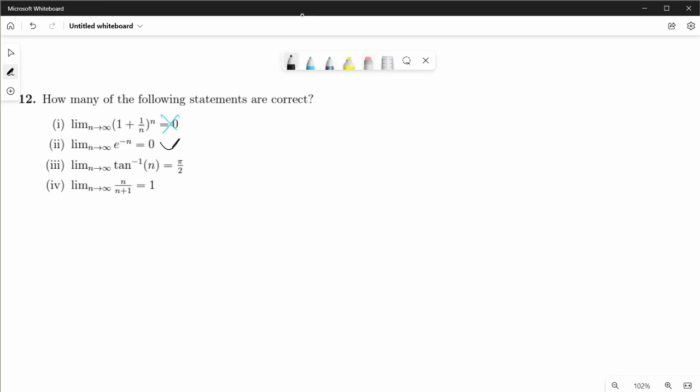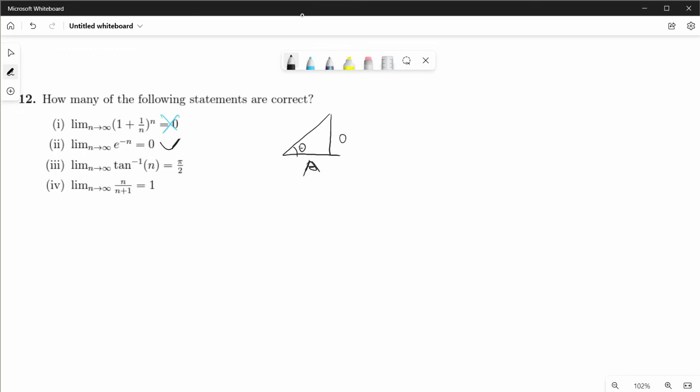Going on, number 3 concerns tangent -1, which I think you can think of as the other way. You can think about tangent, where you draw a triangle. Tangent of theta is opposite over adjacent.